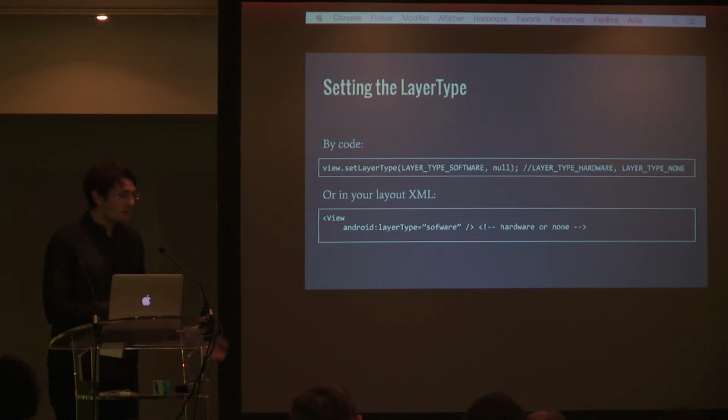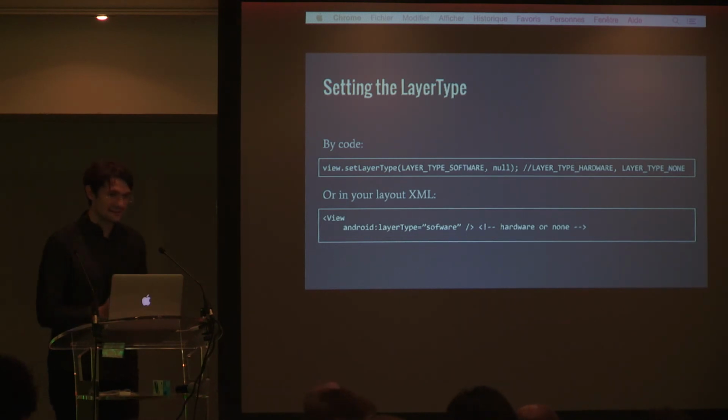You can change layer type dynamically, just before an animation, at the end of an animation, which is not the case for the hardware acceleration. I mean, when you have hardware accelerated a window, you will do it at the start when no view is attached. But for the layer type, you can change when you want.